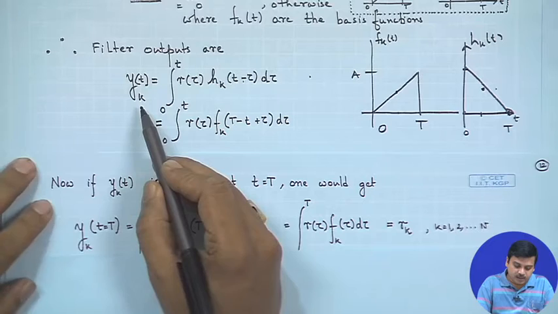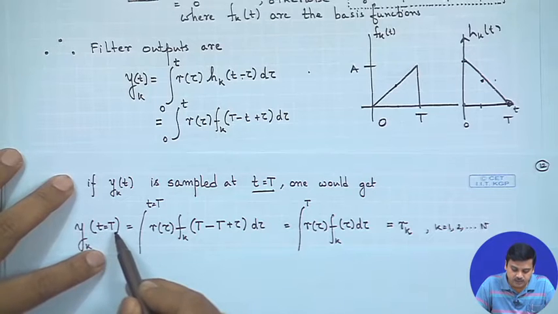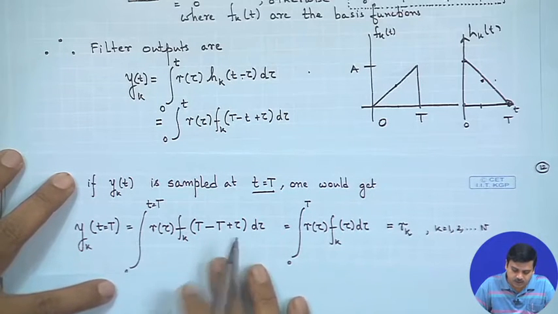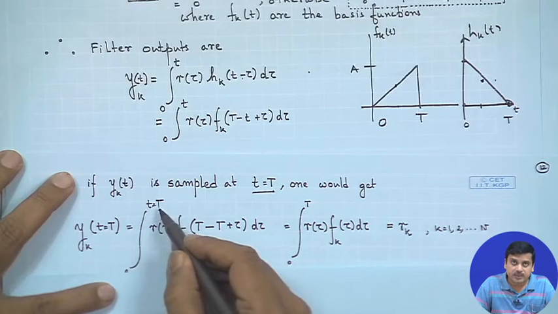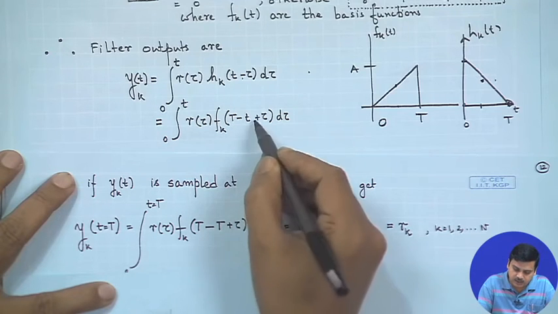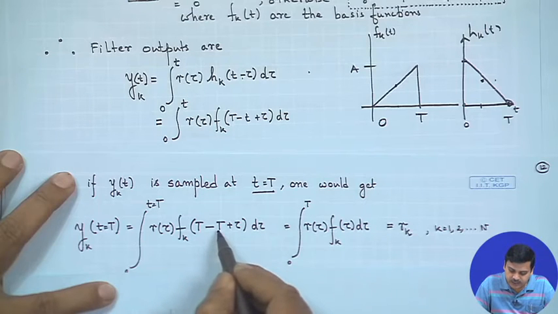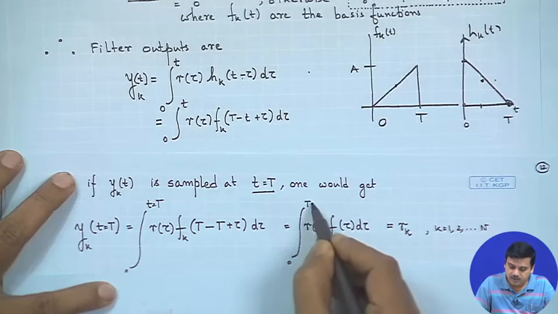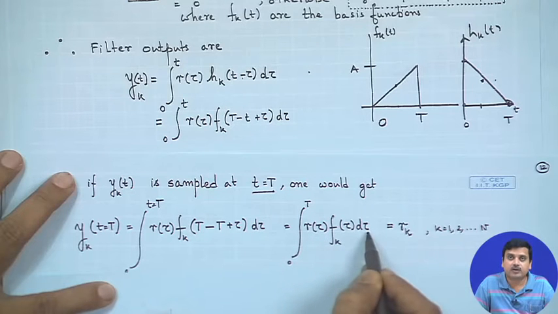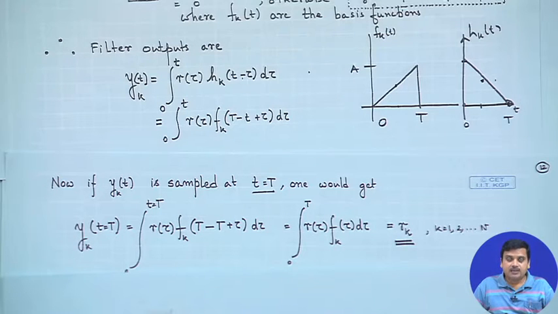You would replace t equal to capital T. So, you have yk at t equal to capital T, integration limit from 0 to capital T. So, only small t gets replaced by capital T, r of tau fk of capital T minus tau d tau. So, T and T cancel out, you are left with the integral 0 to T of r of tau fk of tau d tau, which is the same as rk, that is the kth component of the received signal as we had got in the correlator receiver.